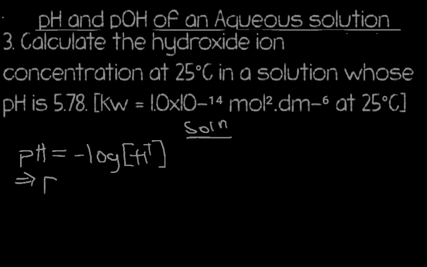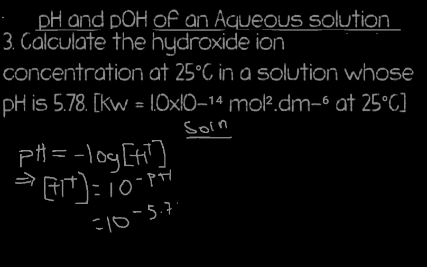So calculating the concentration of the hydrogen ion is equal to 10 raised to the power minus pH, which is 10 raised to the power minus 5.78. And our answer we had was 1.6 times 10 raised to the power minus 6.